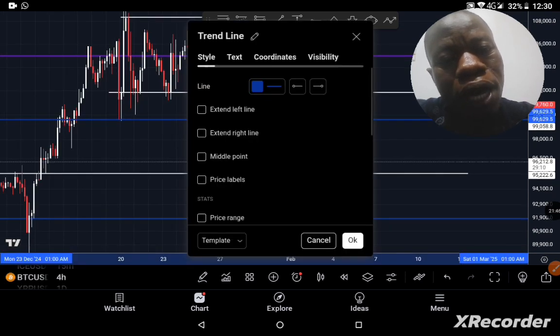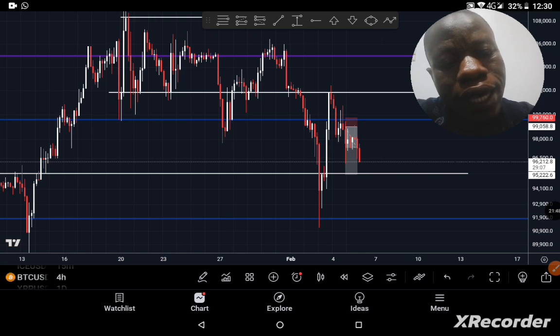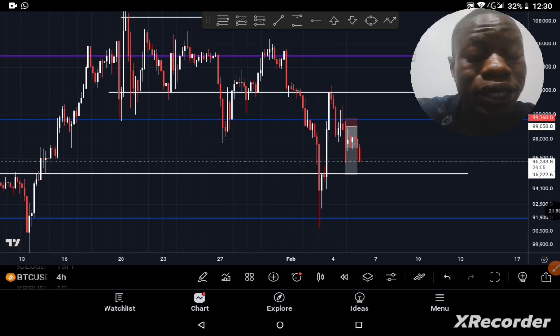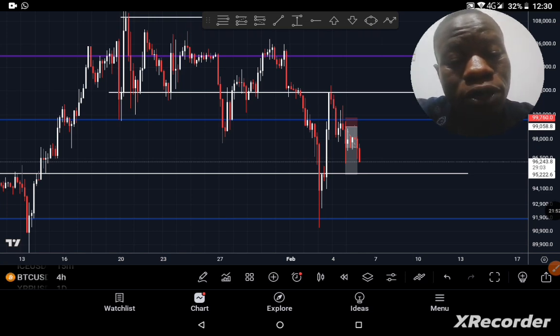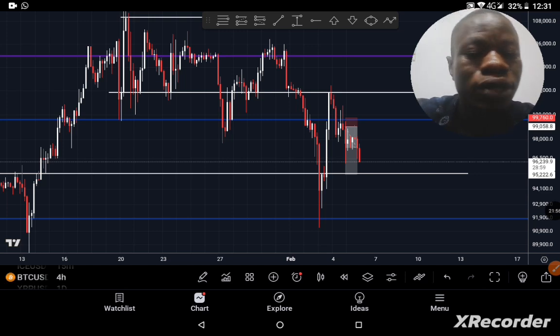I'm risking my whole account. So in this kind of trade, I won't enter here. But assuming I did not run the technical analysis, I see the market moving, I'll just jump, and eventually the market might reverse and take me out. So it helps you know when to get in a trade and when to get out, and it also helps you know your risk, the amount you are risking in a trade.